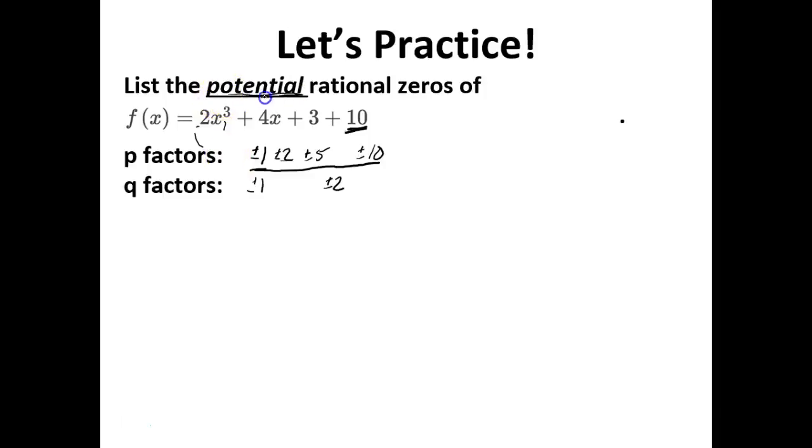Potential rational zeros are any fractions that we can make out of these numbers. I already put the fraction bar there, but it's any possible fractions we can make out of these numbers.